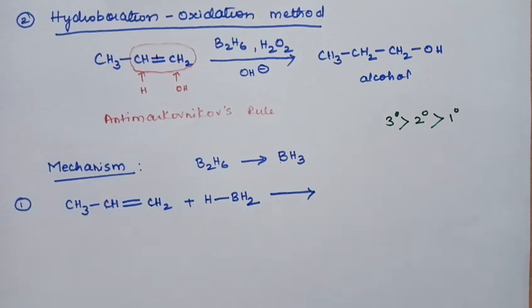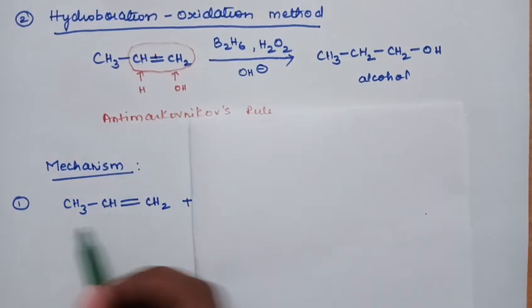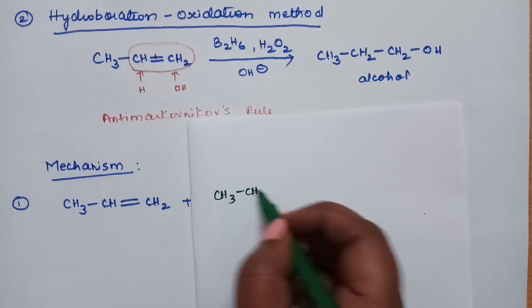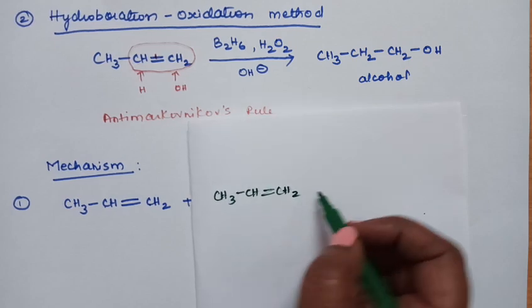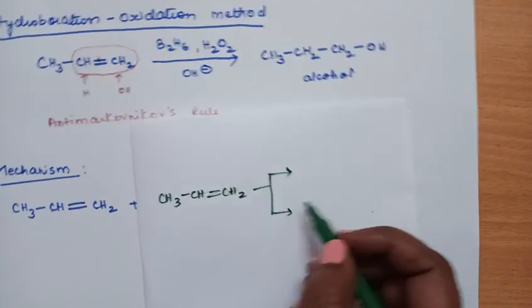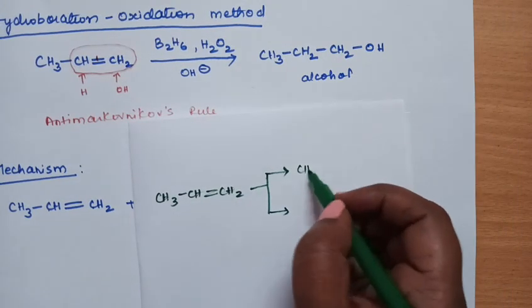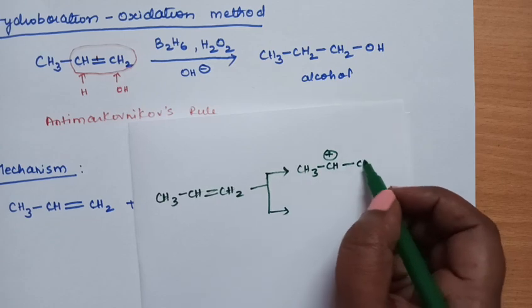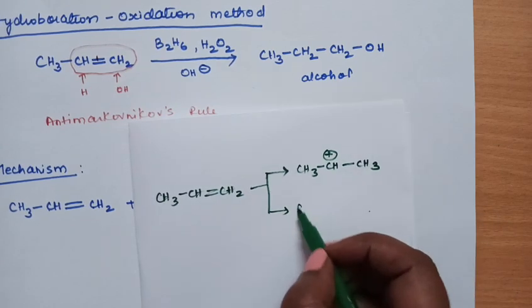So example, see here. Same reactant I'll take, CH3, CH double bond CH2. So now convert this to carbocation. So here CH3, CH positive sign on this carbon, and this is CH3.